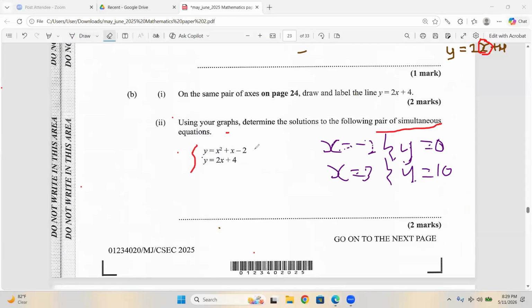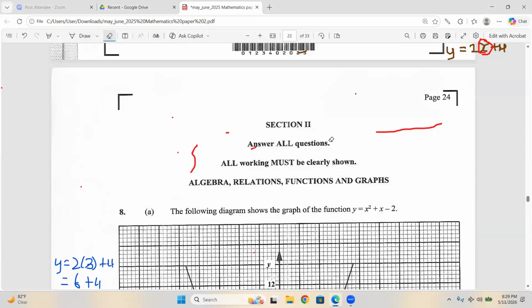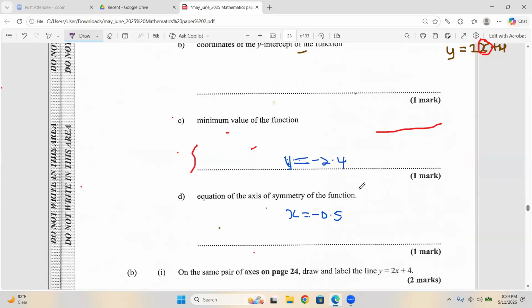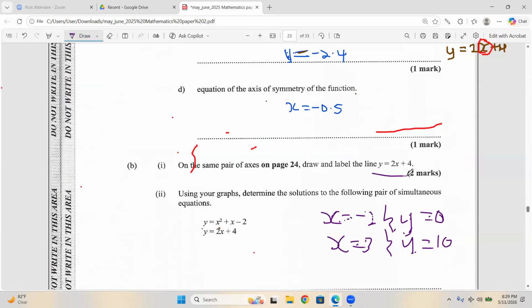So you know exactly this one is for the quadratic because they gave us this over where it was right here at the beginning when they gave the quadratic and said you have the diagram showing the graph for y is equal to x squared plus x minus 2. And then just now, they also gave us the equation for the straight line graph.